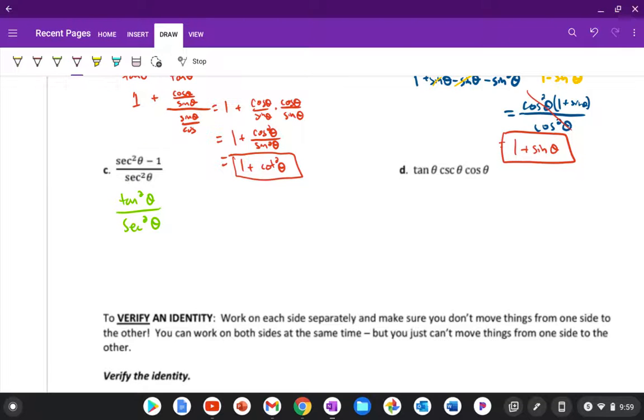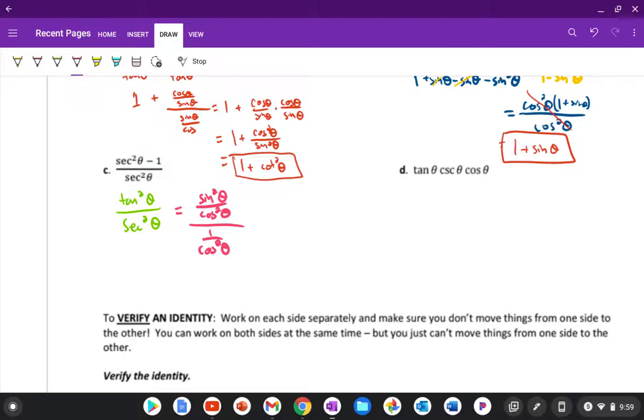And let's go ahead and turn these to sines and cosines. So tangent is the same thing as sine over cosine. So tangent squared could also be sine squared over cosine squared. And secant squared, if you remember, is 1 over cosine squared.